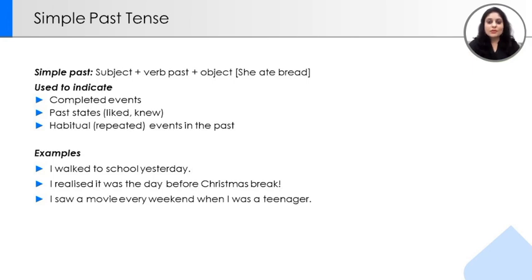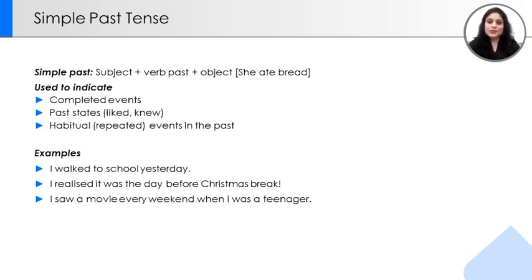This is its most obvious use. The simple past tense is also used to denote past states of mind. The difference between the first usage and the second usage is that the first denotes actions and the second denotes emotions. Both these actions and emotions have been experienced by the subject in the past.